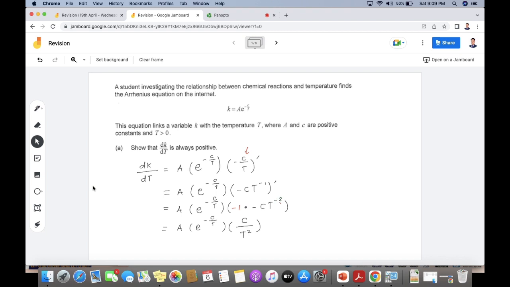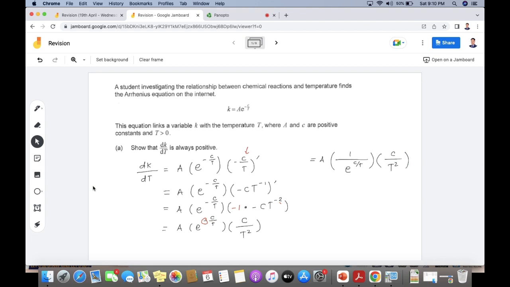Okay, so for this one, to eliminate the negative exponent, we have to put it down, or we have to find the reciprocal of the entire expression. And by doing so, the exponent now becomes positive. So this is now equal to a, and the reciprocal of the second factor is now 1 over e, this time with the exponent positive c over t, times c over t squared.